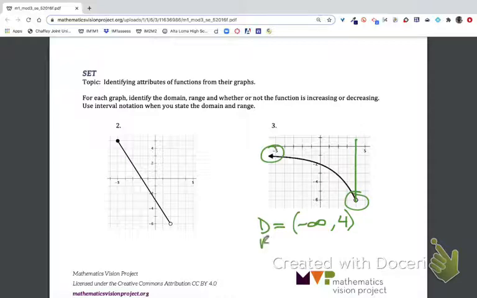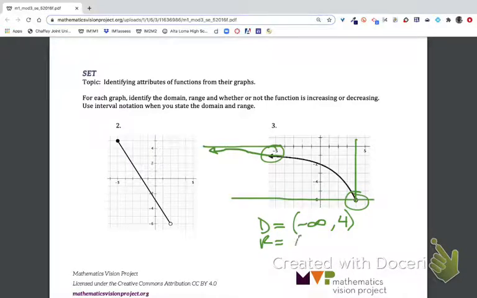Now the range is our y values. It's going to keep getting closer and closer, but it's not actually ever going to hit 0. So we can say that it's going to go to 0 but not actually touch it. Actually, we'll go from lowest to highest.